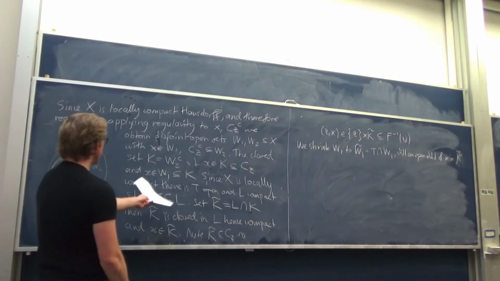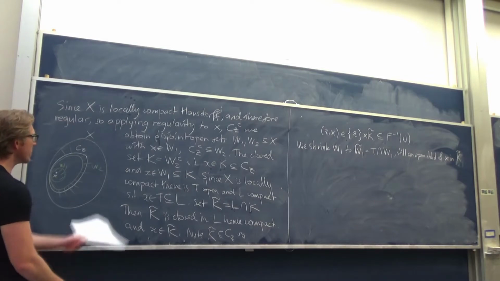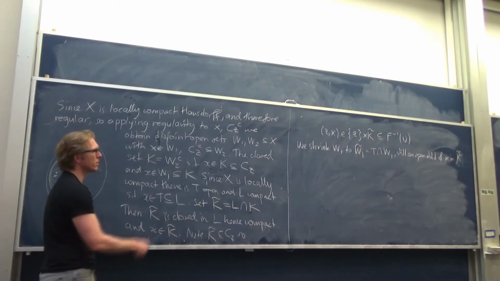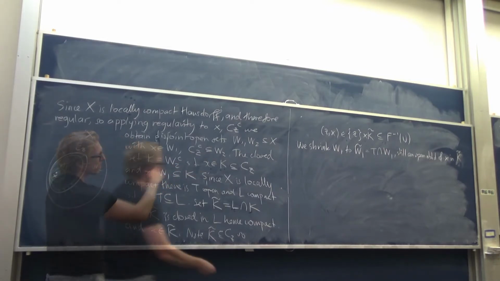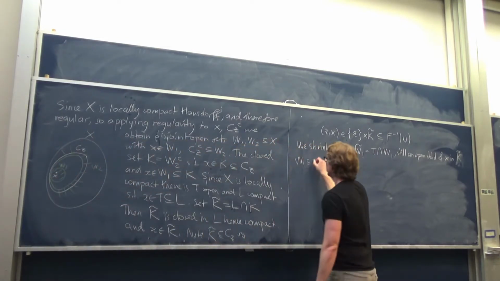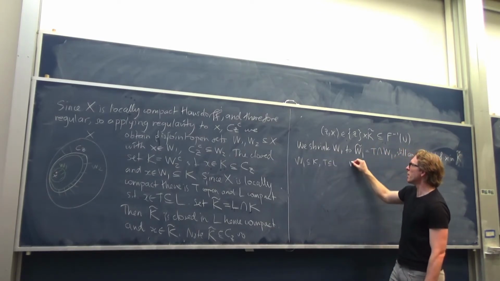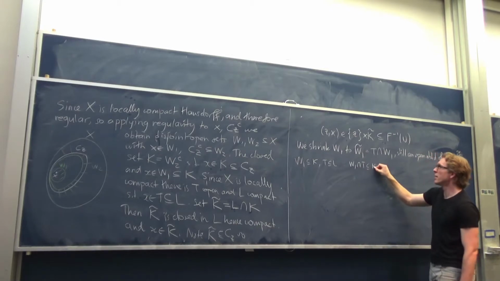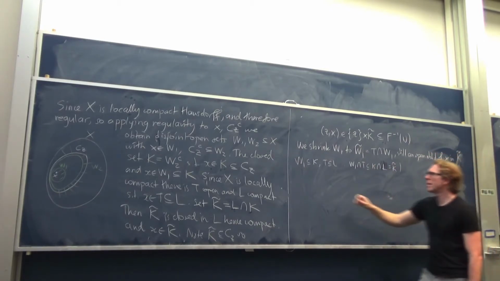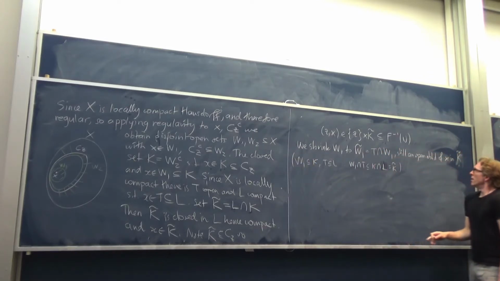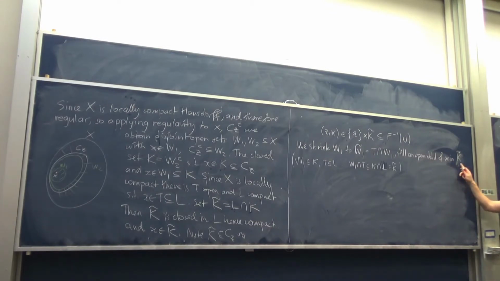Yeah. T is contained in L, and W1 is contained in K. So why is W1 tilde contained in K tilde? W1 is contained in K and T is contained in L, so W1 intersect T is contained in K intersect L, which is K tilde. So this intersection W1 tilde is contained in K tilde.